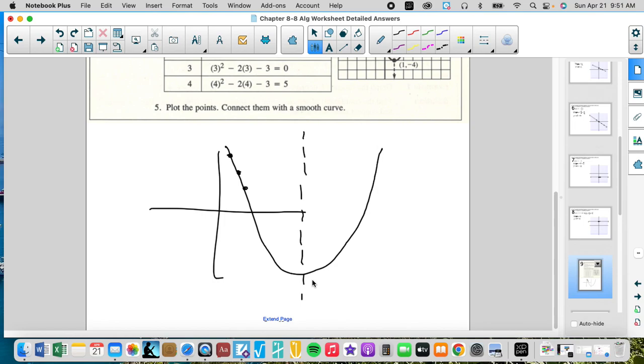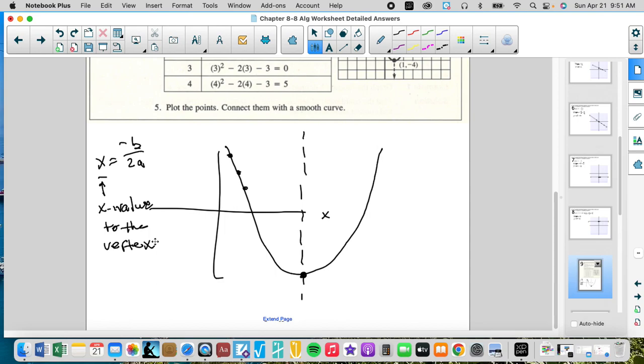It's very simple to find the axis of symmetry. You find it by plugging in the opposite of b over 2a, which will give you your x value, this axis. It will tell you where along the x-axis that vertex is. This is the x value to the vertex.